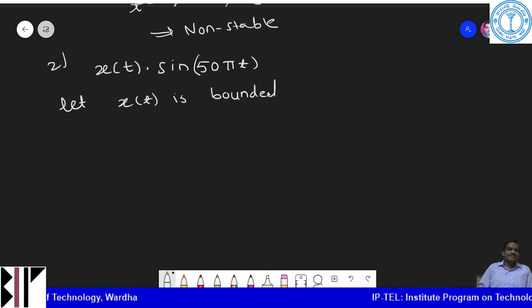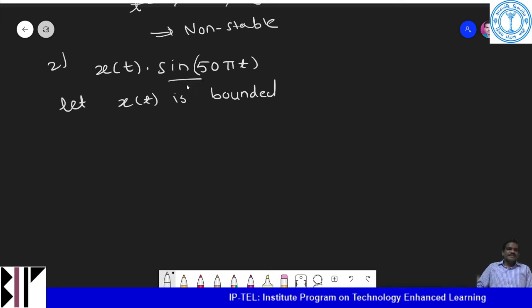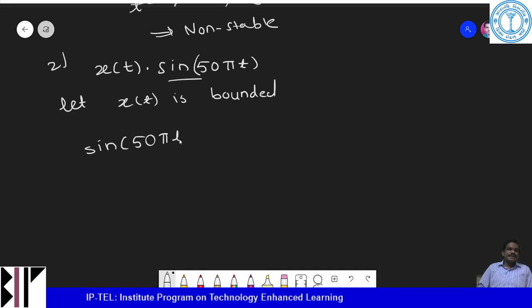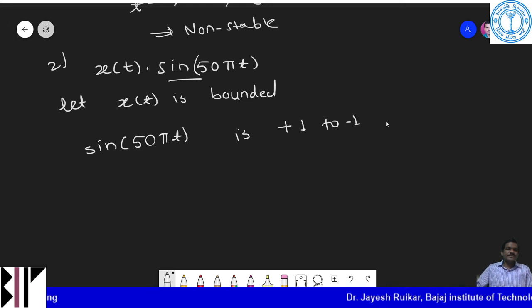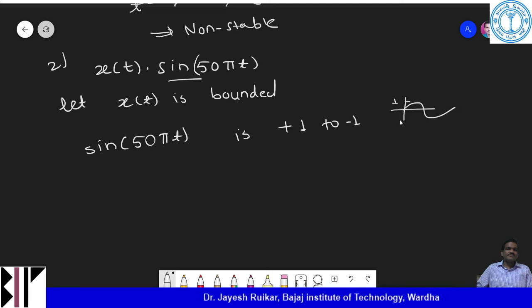You know that sin(50 pi t) lies between plus 1 and minus 1, because it is a sinusoidal function.